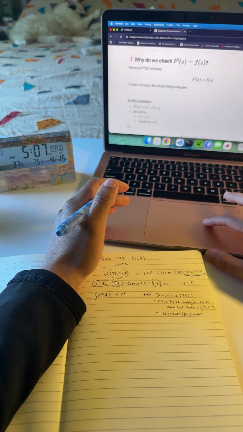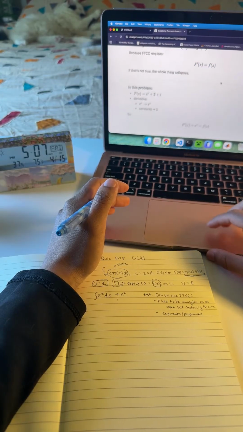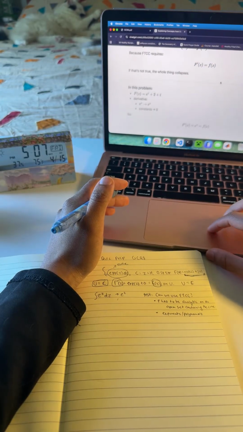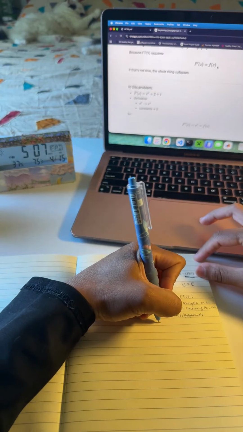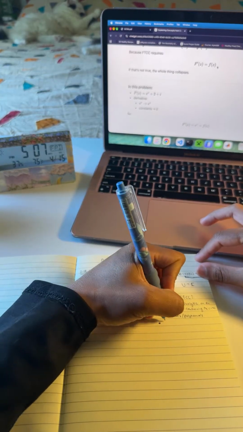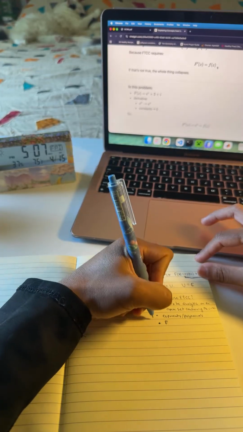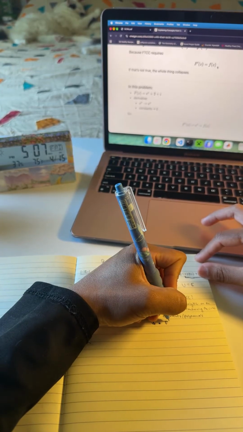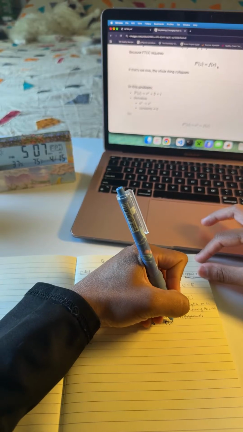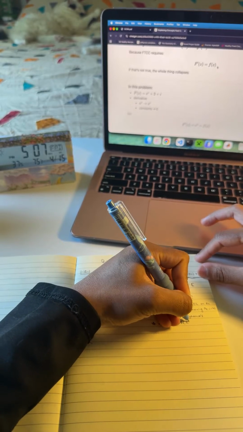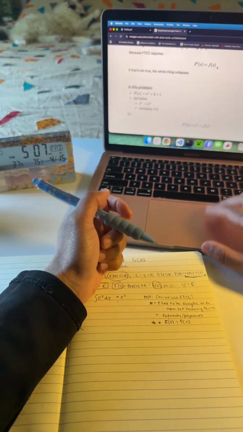So why do we check if capital F prime of z is equal to f of z? Because that's what the fundamental theorem of calculus requires, right? We need to check these two things: if it's analytic everywhere, and if capital F prime of z is equal to lowercase f of z.